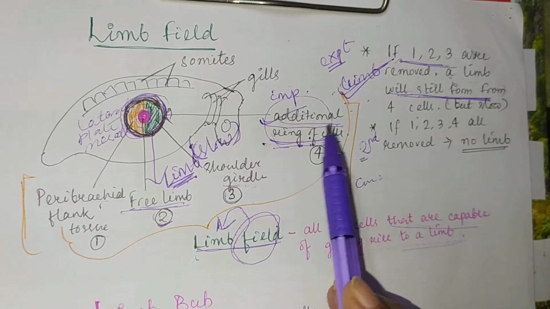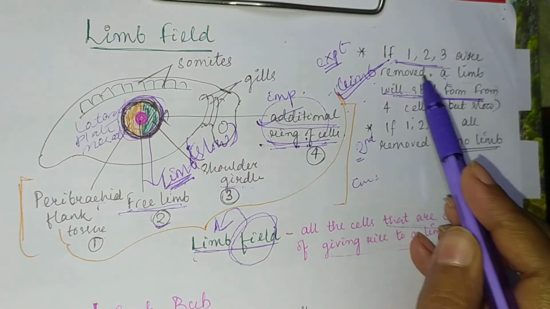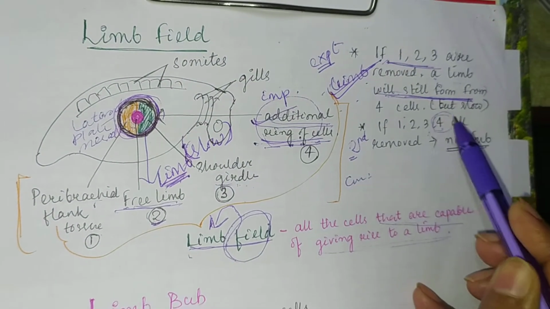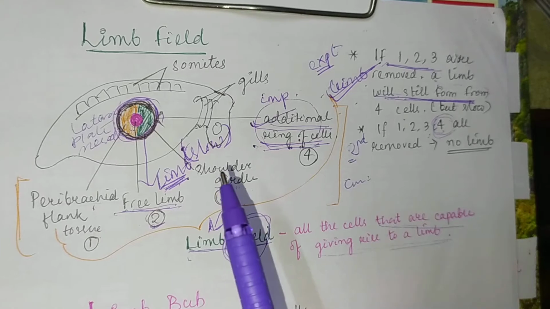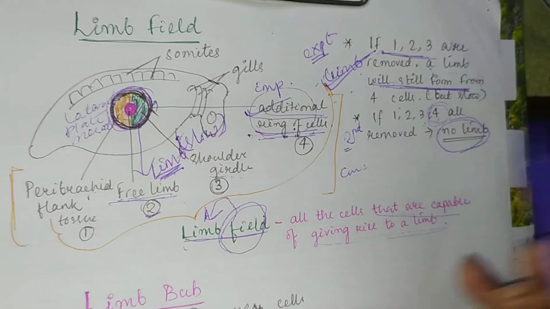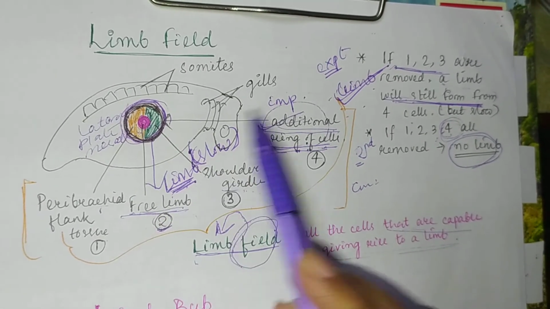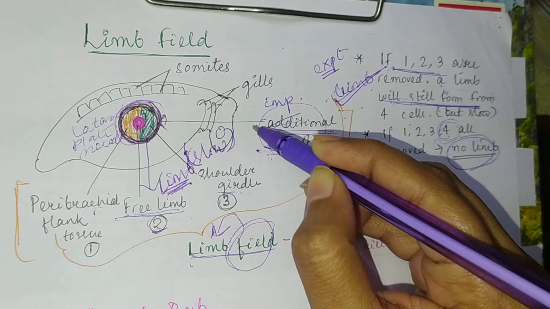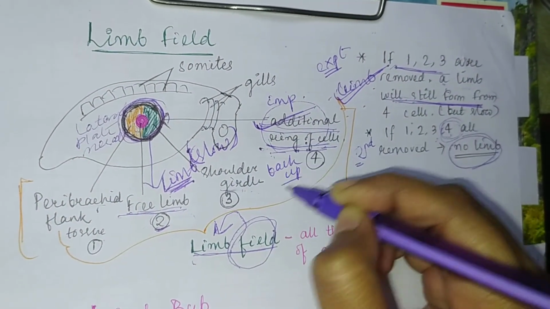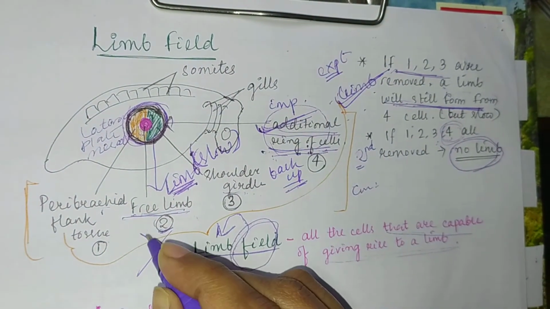Then what did they do? Like the previous experiment, along with group 1, 2, 3, they also removed the group 4 cells, and they observed that there will be no limb development. Okay, so now when these additional cells, maybe these are the backup cells, are also removed, there will be no limb formation.